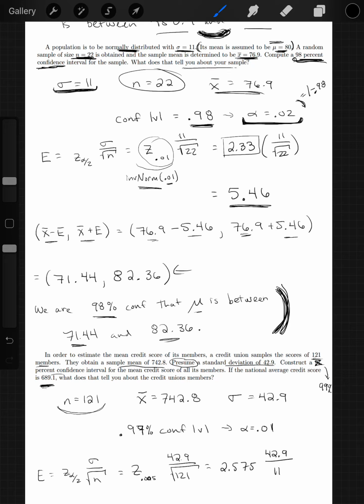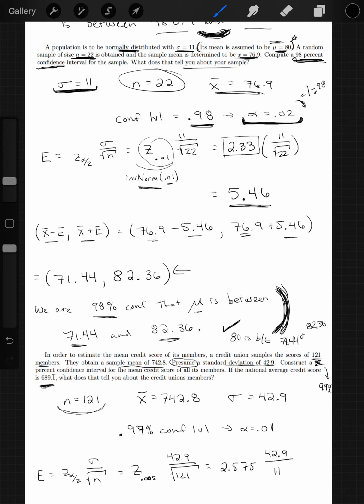So the question here is, what does that tell you about your sample? And again, this is where we come back to that sentence that we put a pin into up here. If mu is actually 80, that meshes. So 80 is between 71.4 and 82.36.